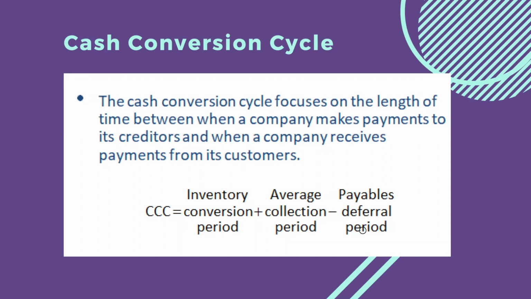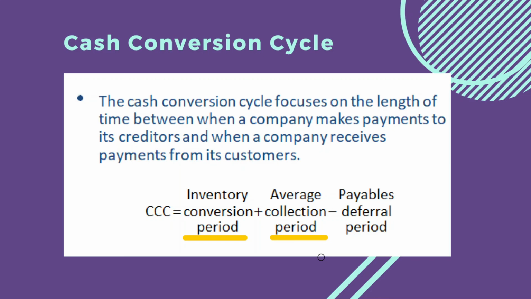One particular topic that we can look at under net working capital management is to calculate the cash conversion cycle of the company. The cash conversion cycle is composed of three parts. First, focus on inventory management. We can calculate how many days it takes the company to sell the product. The second component is on the customers or accounts receivable.